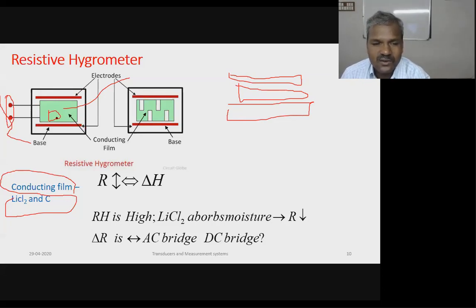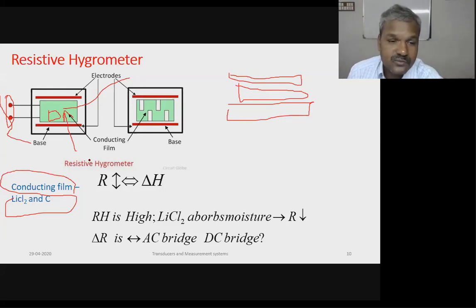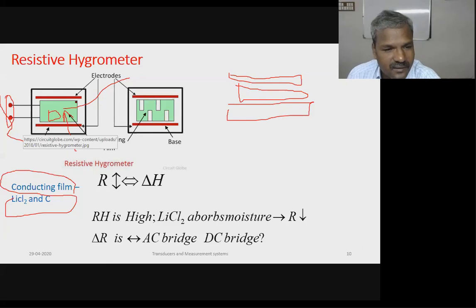Also, the lithium chloride absorbs the water vapor in the atmosphere. The amount of absorption varies. When the absorption increases or decreases, the resistance of the lithium chloride varies. When the humidity changes, the resistance also changes.